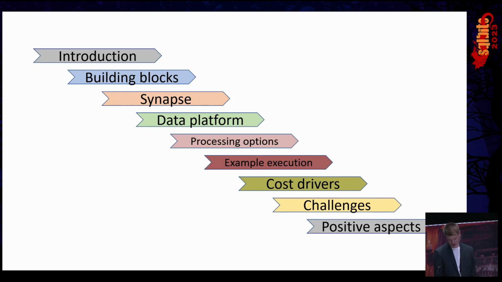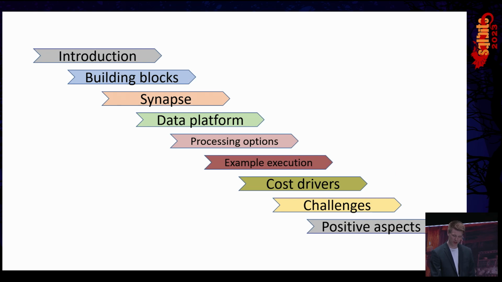First, I'll talk a little bit about why this concept even came up, why am I talking about this, then what building blocks this concept consists of, and then I'm going to talk a little bit about which parts of Synapse are part of this concept and which parts are not, and then present a simplistic view of the entire data platform, how you can process your data using these technologies, as well as a very, very minimized example showing how this would look in an actual pipeline in Synapse.